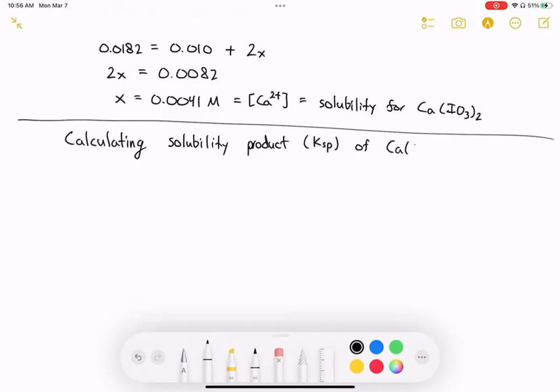Calculating the solubility product of calcium iodate in 0.01 molar KIO3 based on concentration.